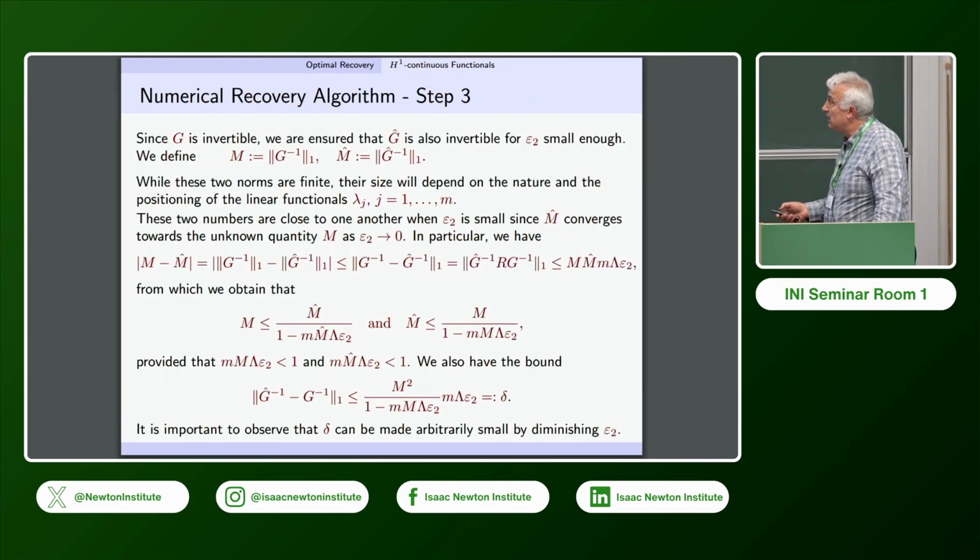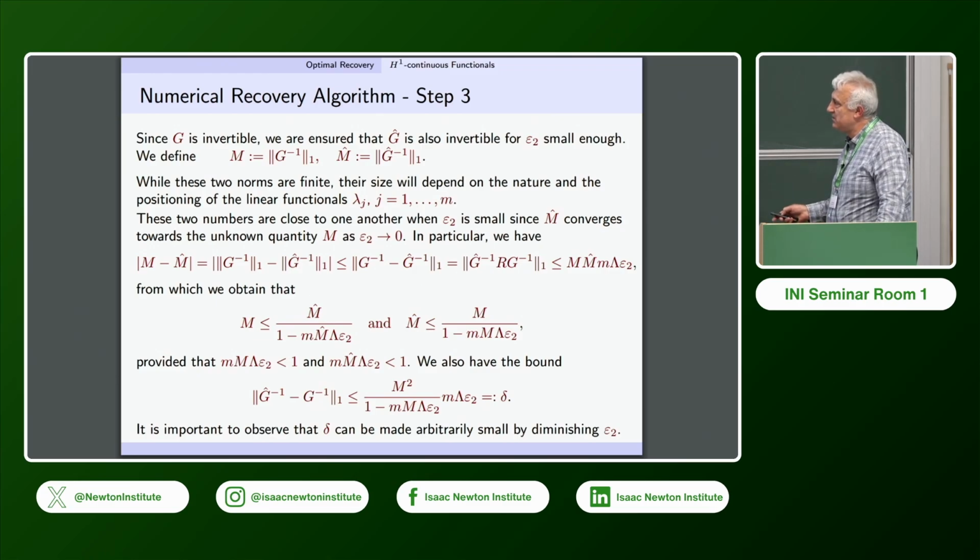This is not the last step. This is still where we have the matrix G to some extent, and then we want to find the inverse of this matrix. For the inverse, we calculate the number M, which is the L1 norm of the inverse, and then the L1 norm of the approximate inverse.